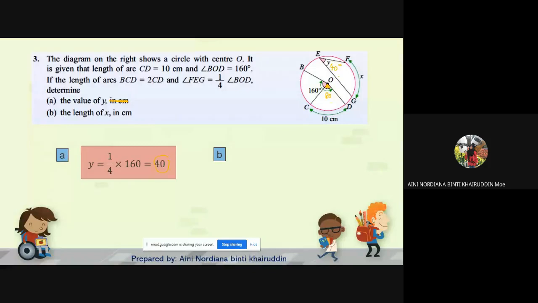As you can see here, angle COD, this angle is 80. Angle here is 40, meaning the angle at center is twice the angle at y. So the length of CD equals FG. Okay, so x equals 10.